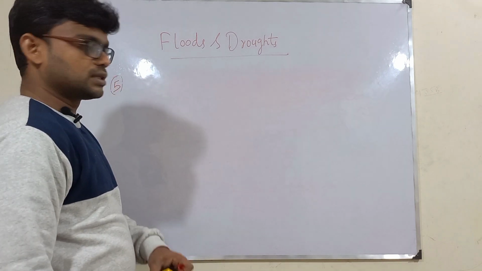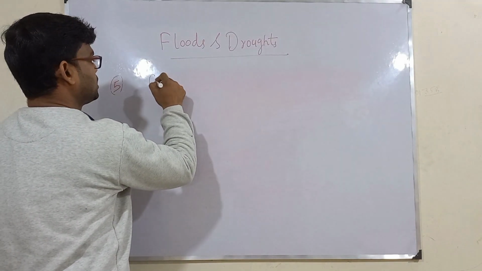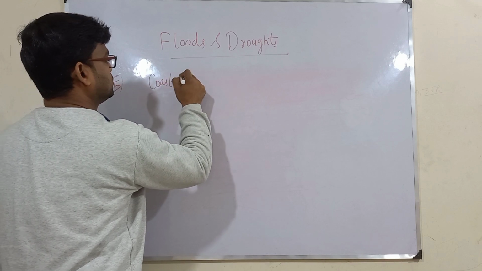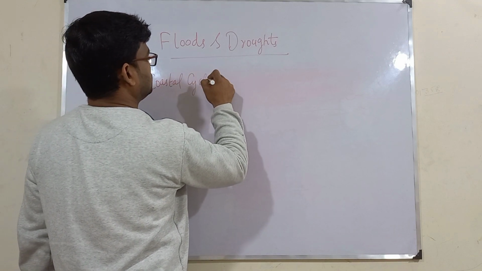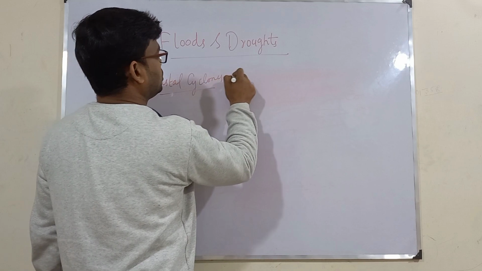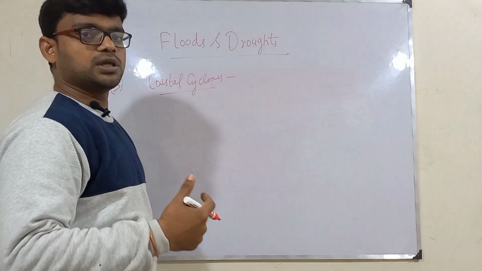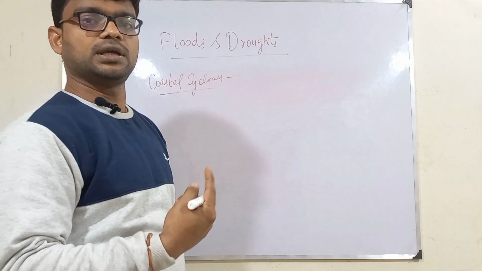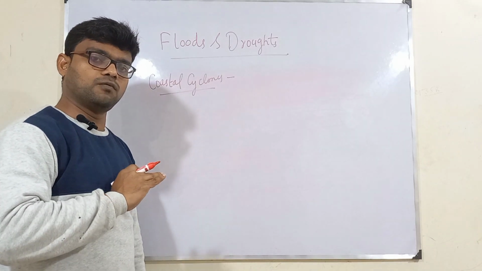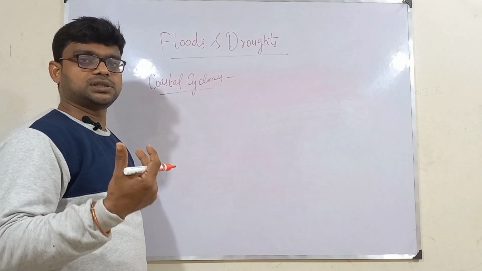The fifth reason for floods is coastal cyclones. Now, what are cyclones? These cyclones are a rotating column of air mass over the water having a low pressure center.